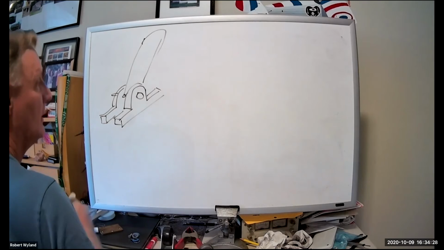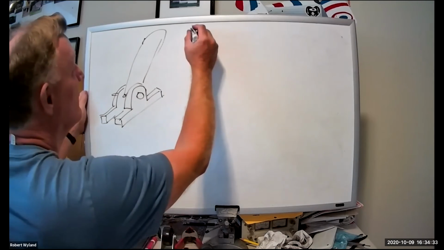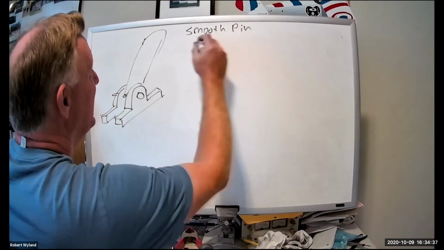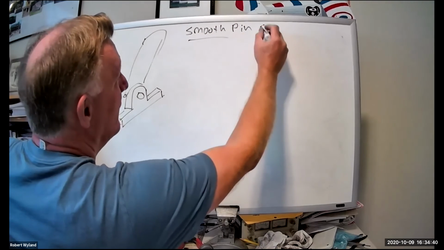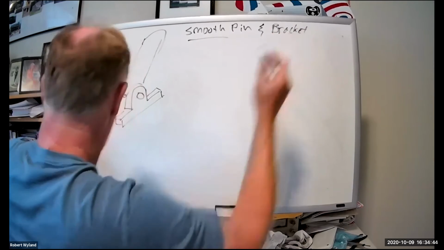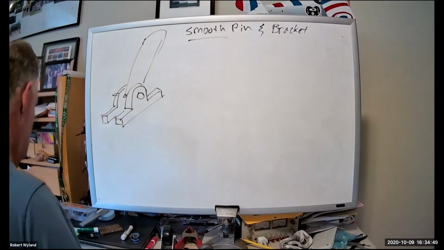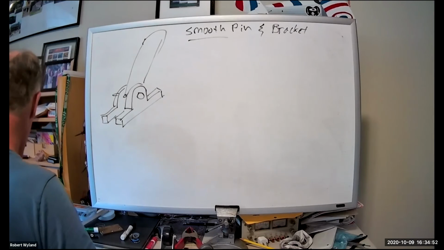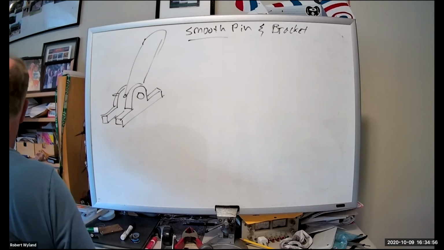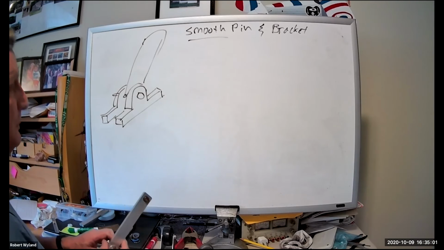The drawing in your sheet is far better. The reason they keep using this word smooth is to mean frictionless, is what they're trying to say. And unfortunately I don't have one, which is very unusual because I have tons of these at work, but I don't have any of them in the lab. So I'm going to have to make do.